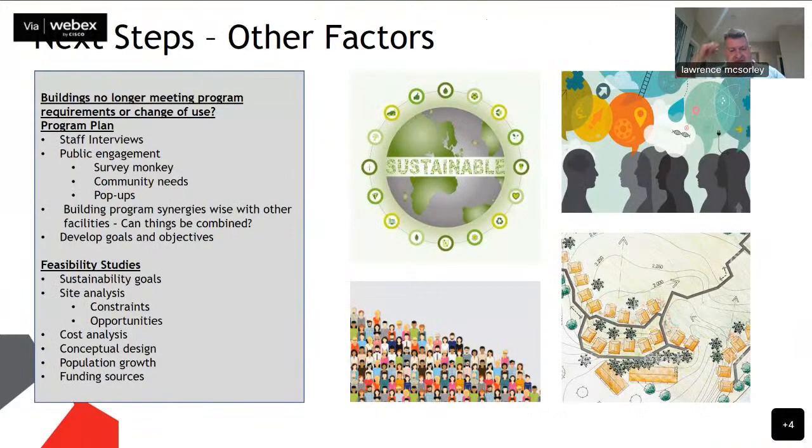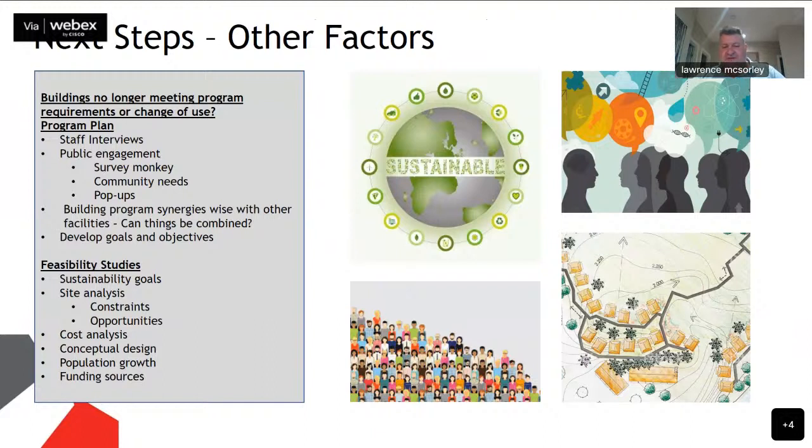So that's these other factors I was talking about. Quite a bit has to happen. You have to have some public engagement with the people in the town to see what everybody would like to see, so they have some opportunity for feedback. The building program planning I was talking about, as far as what the facilities are lacking or need. And there are some synergies that you can build on.